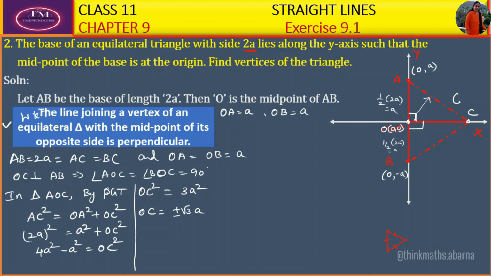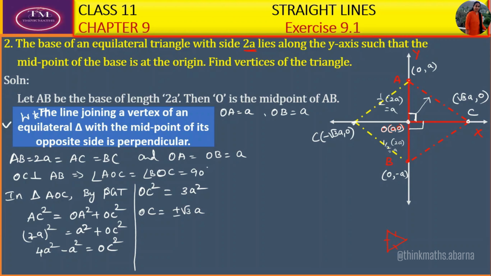So C will be root 3A comma 0. Okay. This is plus or minus. Minus means we can have the equilateral triangle in this way also. The point C can be here also. If the point C is here, its coordinate will be minus root 3A comma 0.